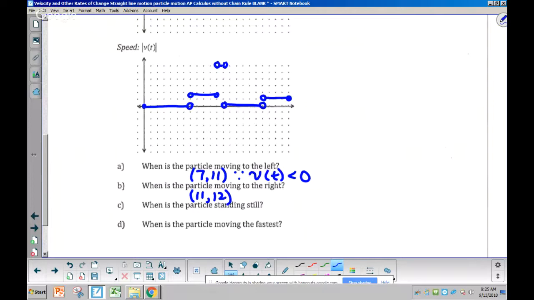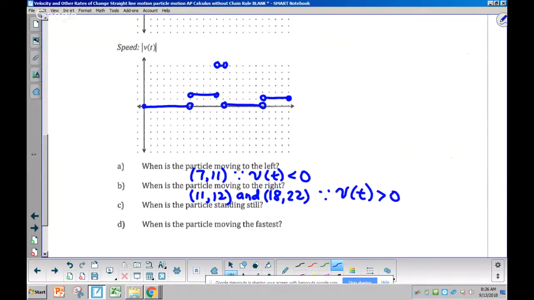It's easy to overlook that little bitty positivity there, okay? Now, you do not have to use a union symbol here because it's just asking when. So I'm going to say 11 to 12 and 18 to 22, and then how did you know? Since velocity is greater than 0.